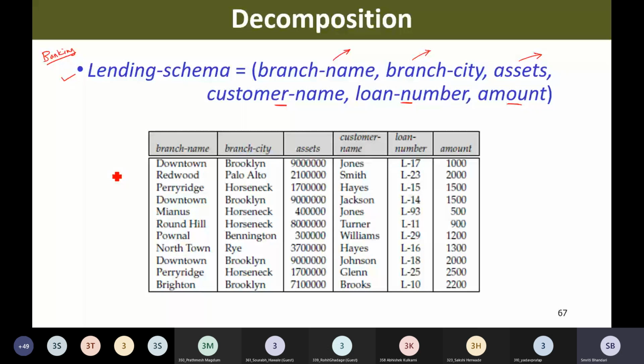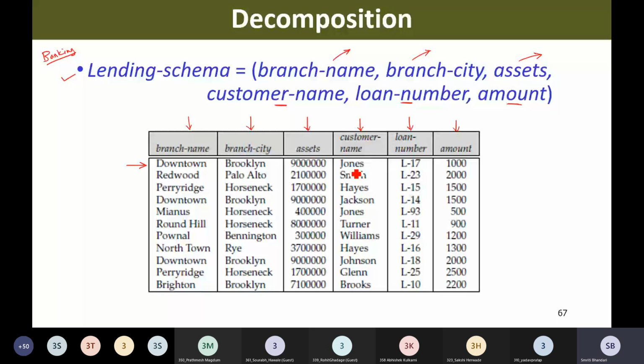If we look at one tuple of this relation, we find a customer Jones who has a loan with loan number L17 and loan amount 1000, and this loan is borrowed from the branch Downtown located in Brooklyn City, and the assets of this branch are also given.